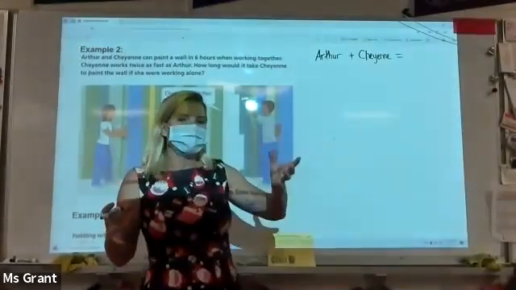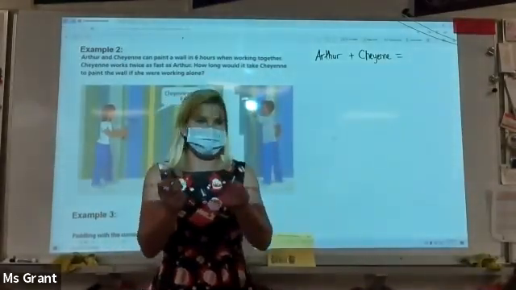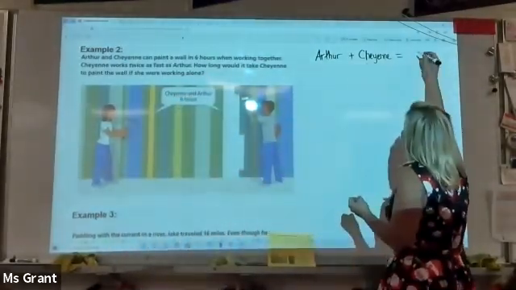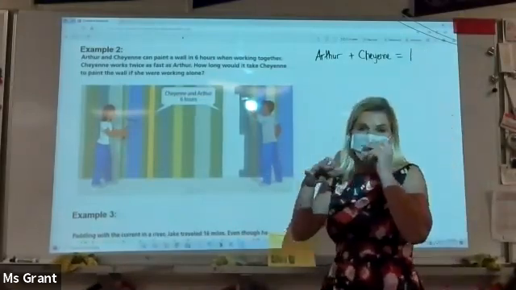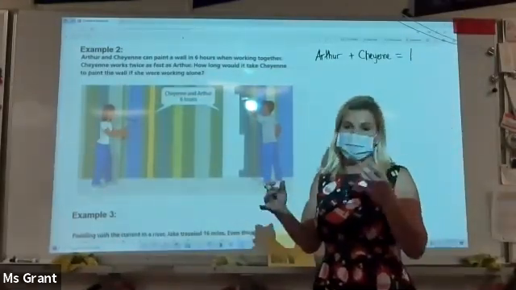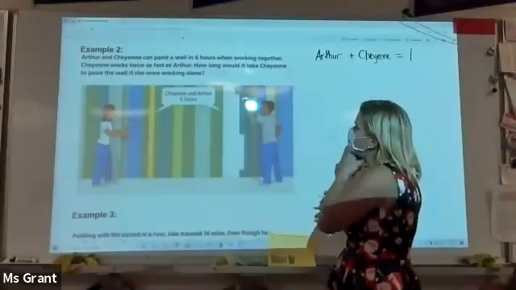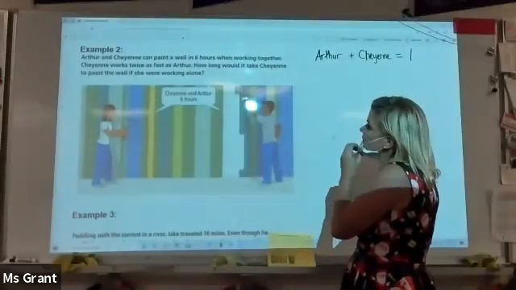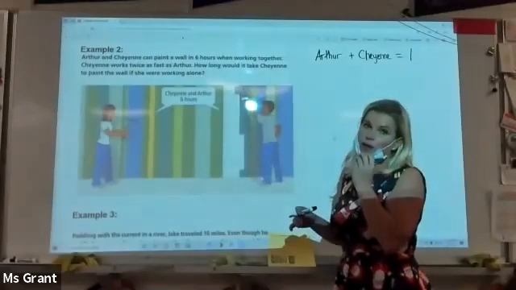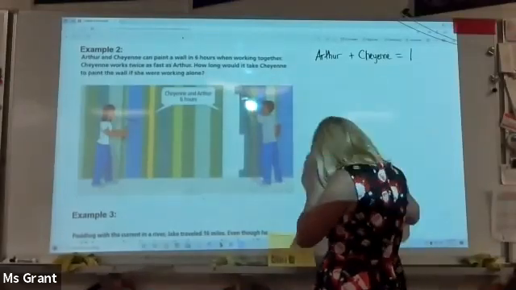So what I do is I say the one person plus the other person, Arthur plus Cheyenne, equals 1 job. And this is the format for setting up work problems. It's called a work problem. So here's the template. And we use this for every work problem.